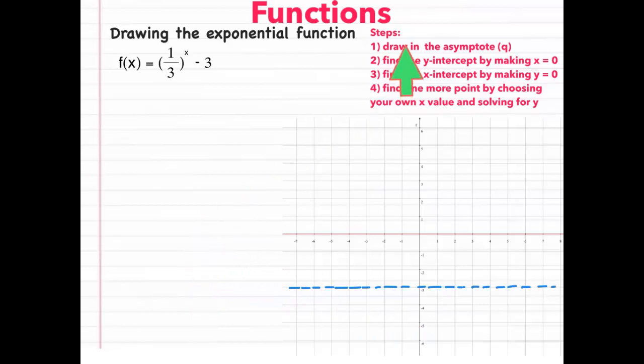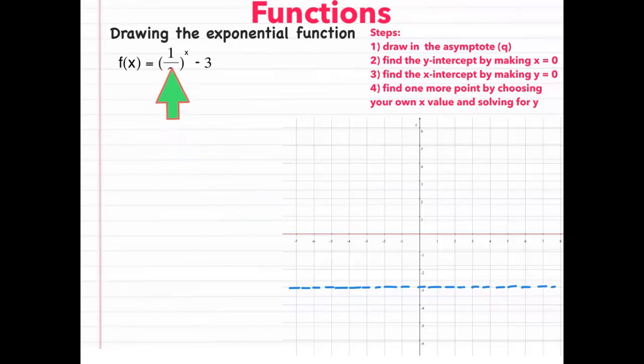First of all, before I start running with those steps, I just make sure that I know where this graph is going to go. Now, a is +1, so it's going to be above the asymptote. b is a value that is greater than 0 but smaller than 1. It's a fraction. So basically, this means that this function is going to go towards the asymptote as we read from left to right.